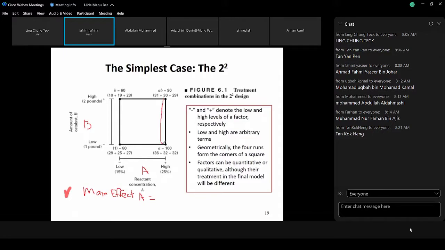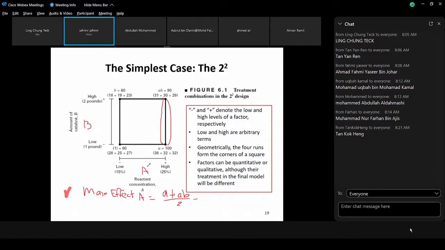That means A plus AB, divided by 2, minus A at low level.